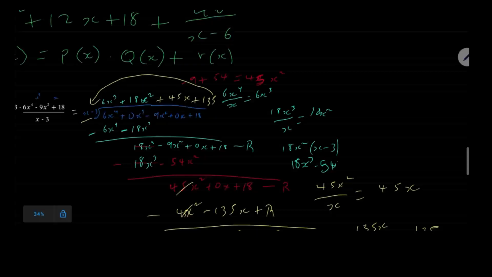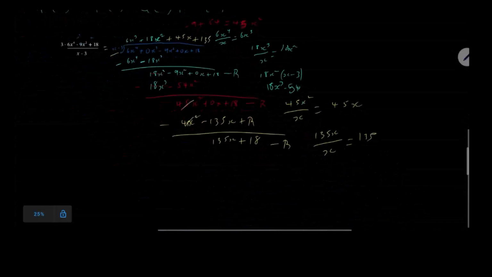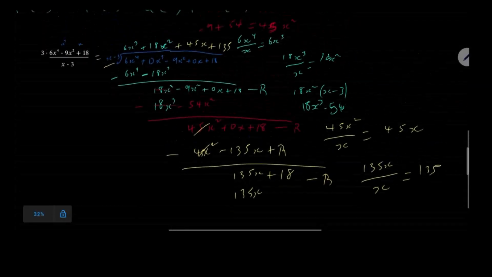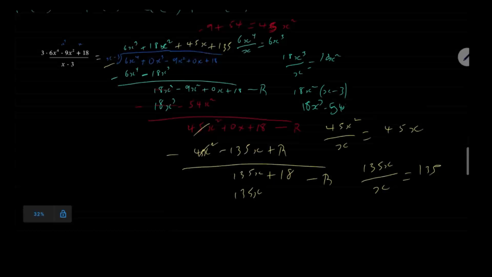Now that we have 135, we can multiply 135 by everything here also, as we do all the time. So 135 times x minus 3: 135 times x is going to be 135x, and then 135 times negative 3 is going to give us 405. So plus 405. And now we can still subtract again.